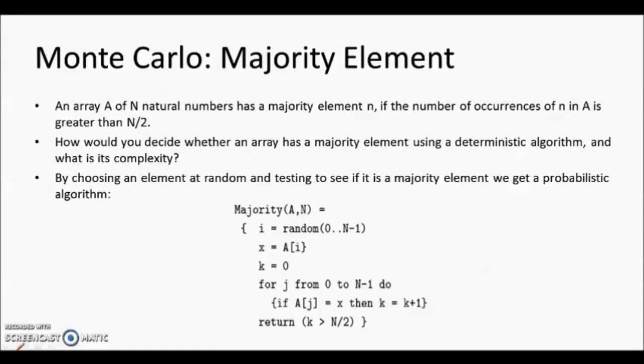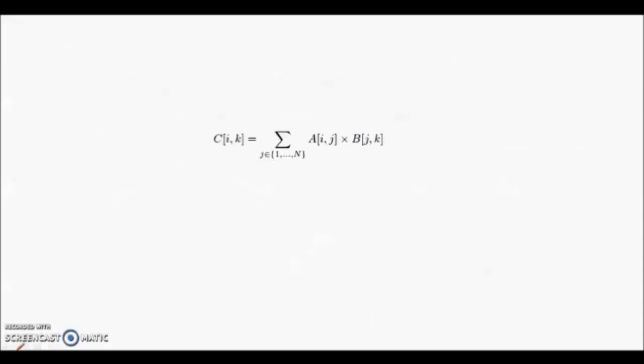If it ever returns true, then there is a majority element. If after m runs every result is false, the probability of having a majority element is less than 1 divided by 2 raised to m, which you can see in this algorithm.